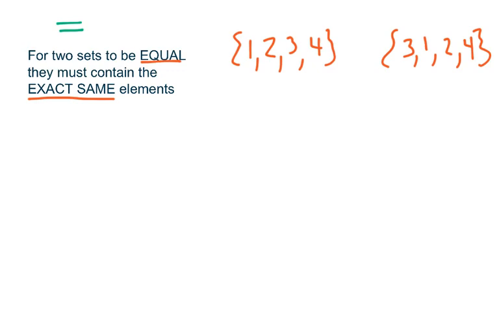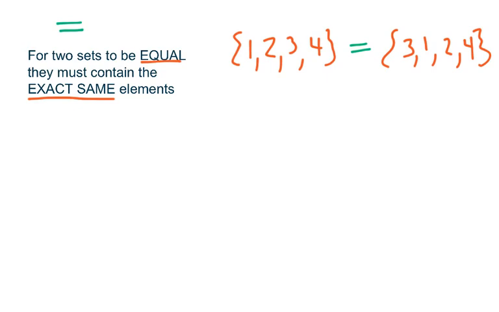Now the elements aren't written in the same order, but would these two sets be considered equal? Well, they do contain the exact same elements, so yes, they are equal because they contain the exact same elements.